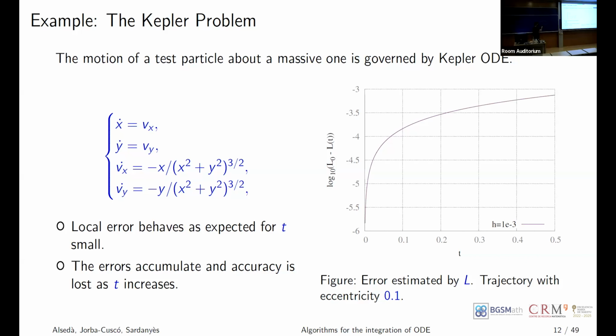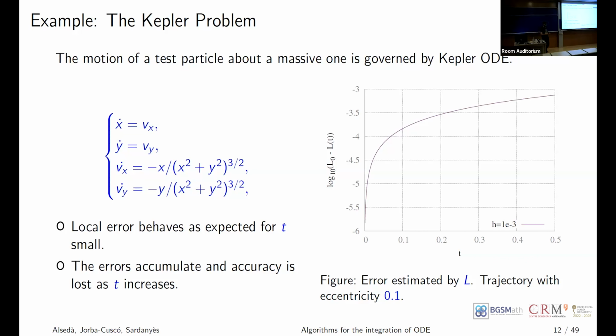So what happens is that if I'm following this curve here, I can make the step size quite large because it doesn't change much. But once I'm here, I cannot use the same step size because the linear approximation is much worse here.